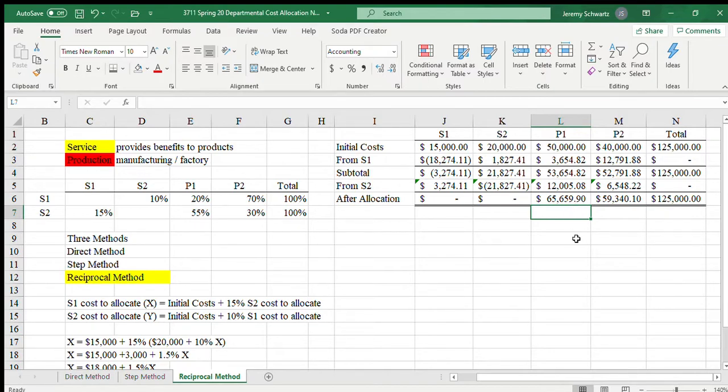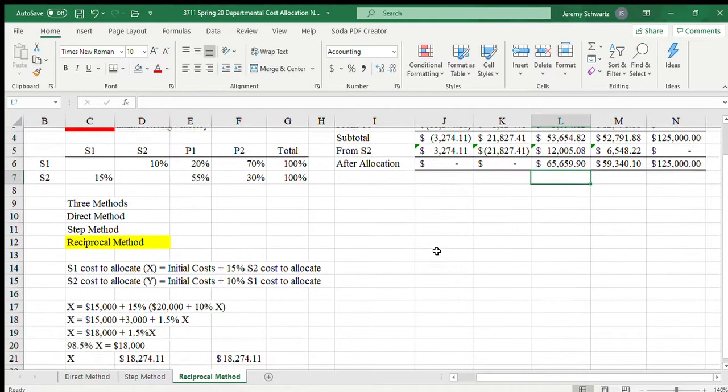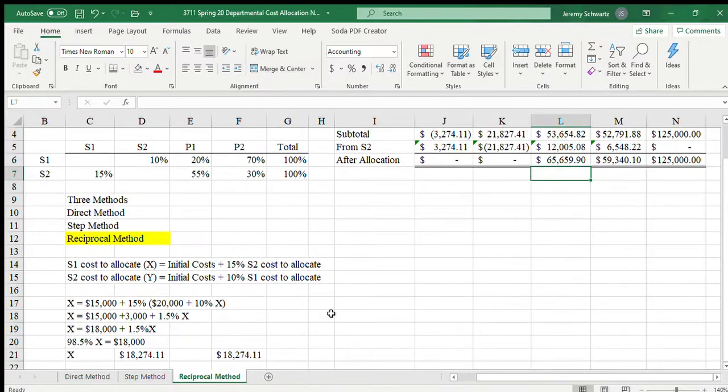Part of the issue is that there are times that people might think that this is a bit too complex, but I think with a little bit of practice, you'll find that this is certainly achievable, especially once we've gone through the process of having these cross service department percentages. Now, one thing you might try on your own, and I would encourage that, is to go through this approach using the algebra to find Service Department 2's allocation.